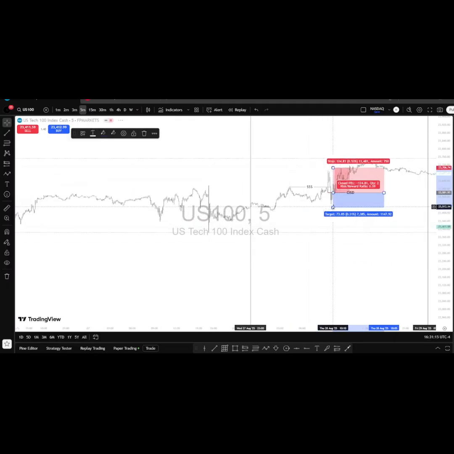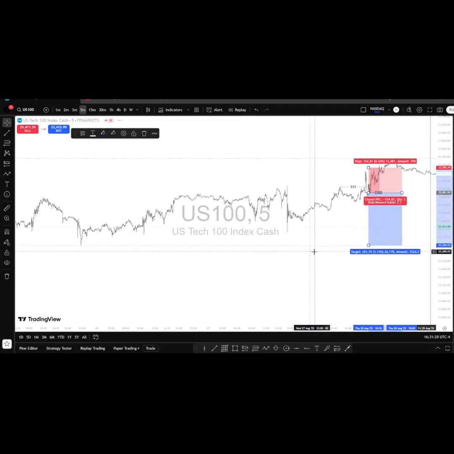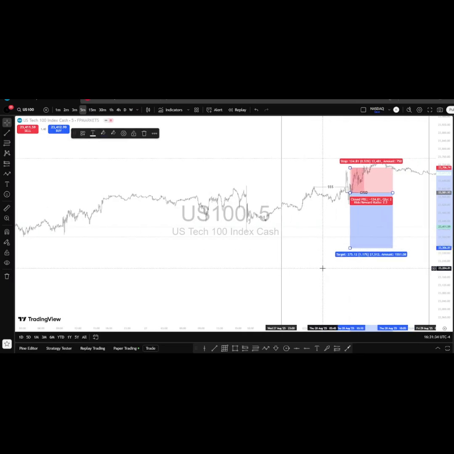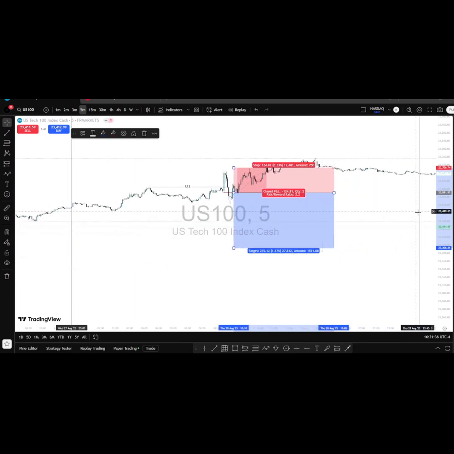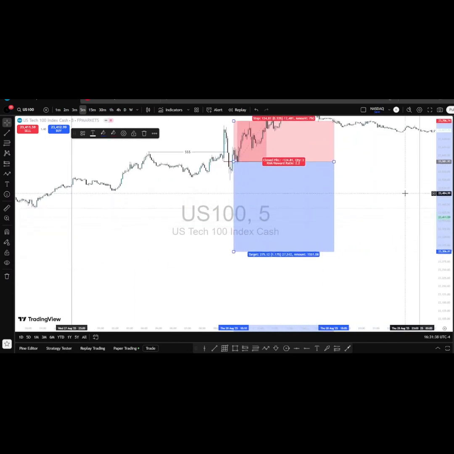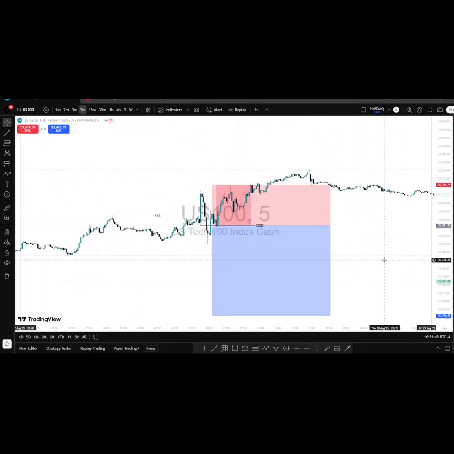And then we have the first target. You take your first targets at the 2 a.m. low, and then on the previous day low, and then lower. Okay, that is how you do it. So that was a 2.2 risk reward ratio. So that was my trade idea.